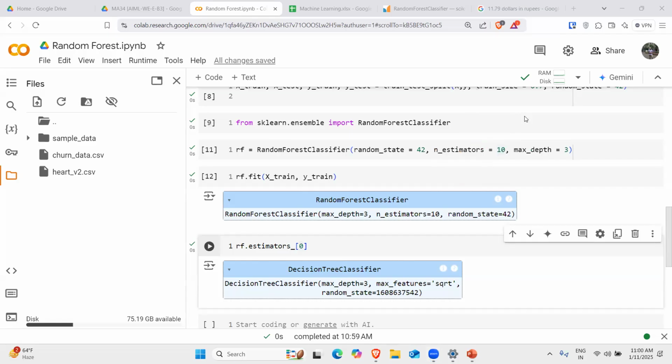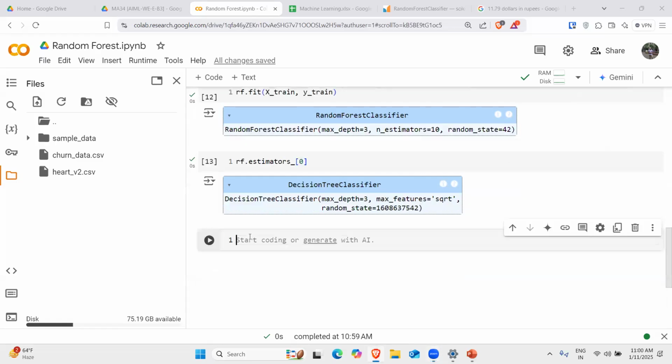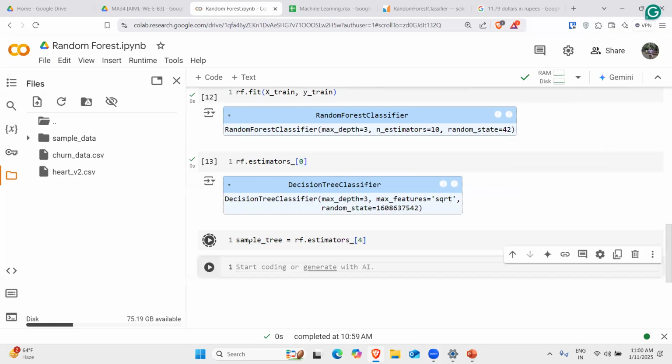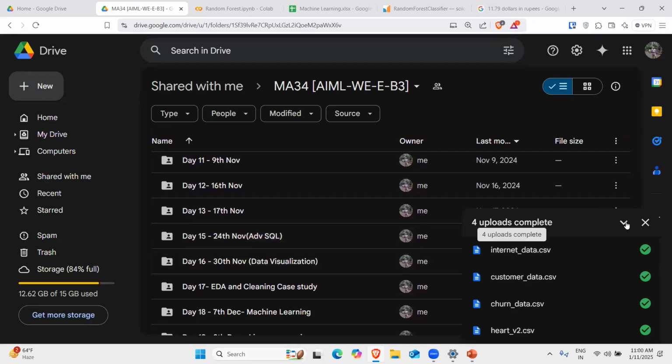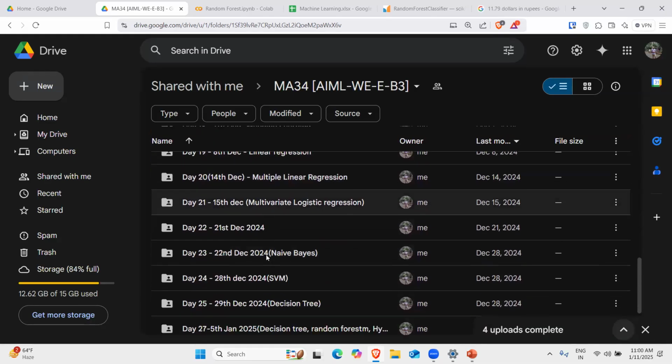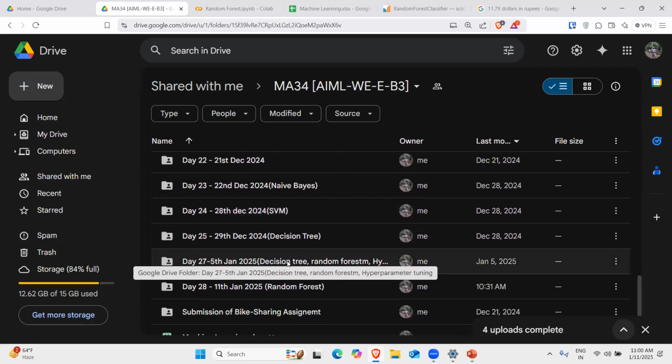Now we are going to create just one tree. Sample tree is equal to rf dot estimators underscore 4, and we are going to visualize the data. Okay, we will take the evaluate model function which we created in the last session itself.